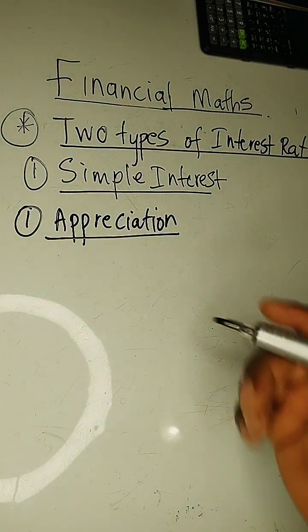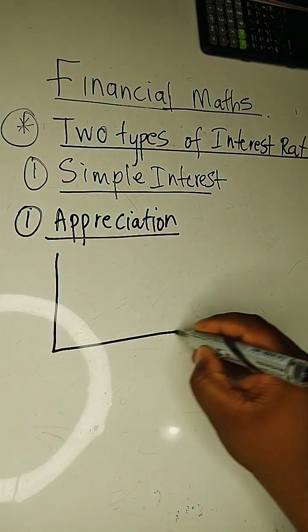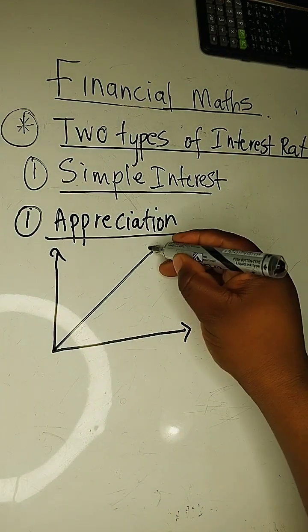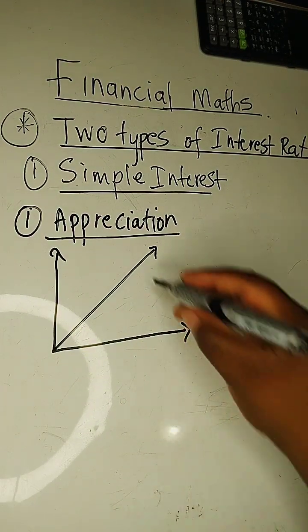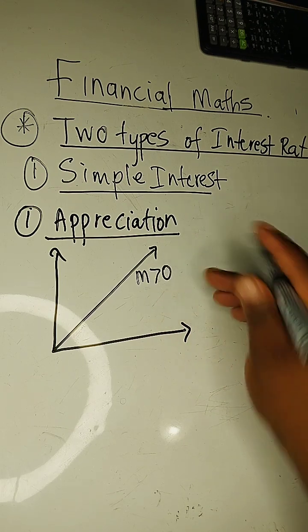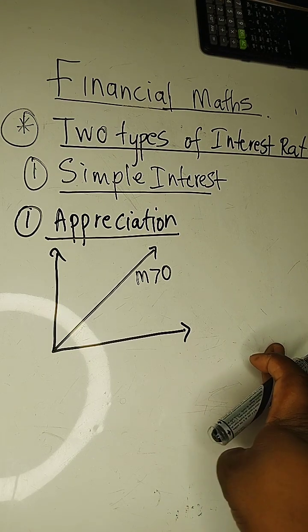So in this case, we are having something like this. This is our straight line, but it will go up. When it goes up like this, we know that this gradient is now greater than 0. What does it mean when it comes to financial maths?